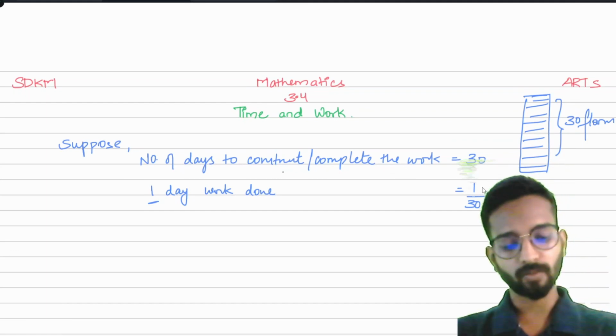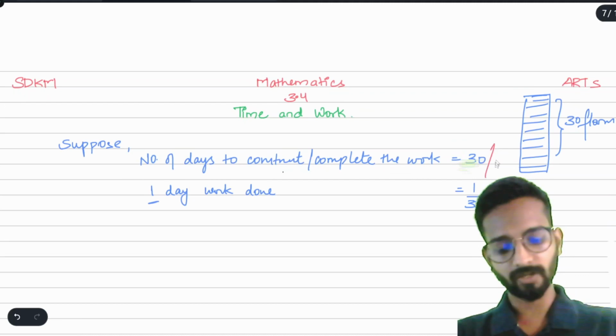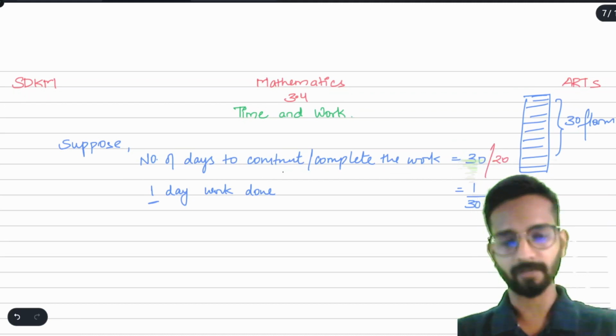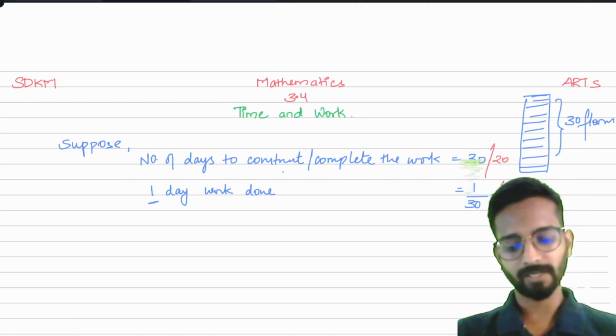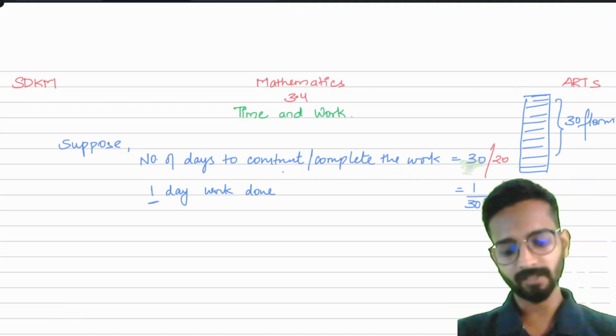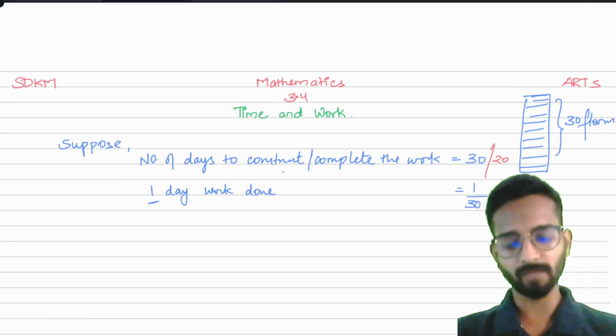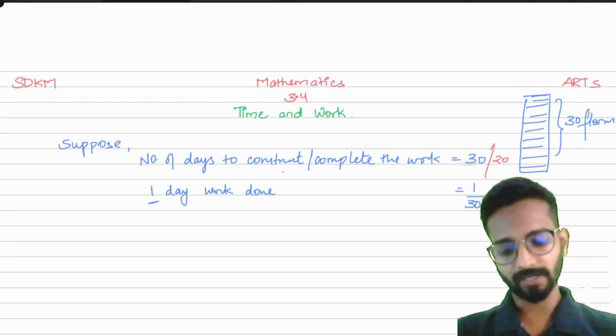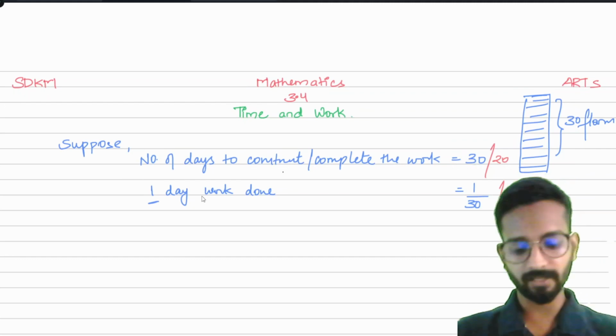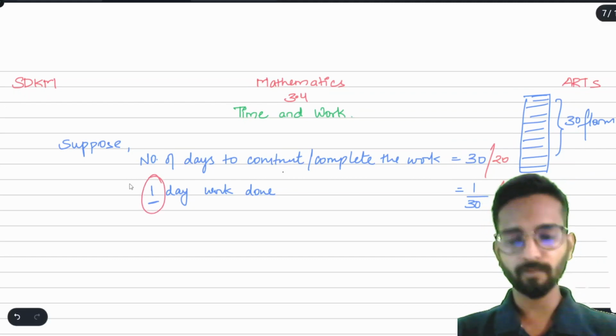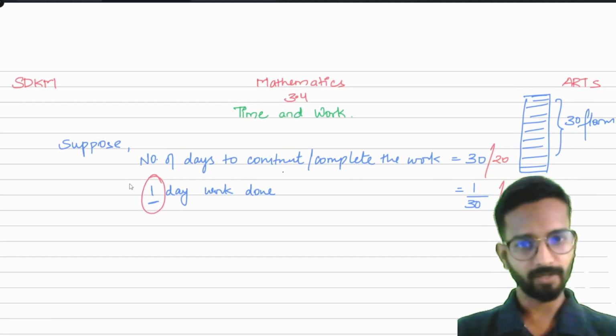How will you calculate? 1 by 30. If suppose the number of days taken were 20, then in one day it will be 1 by 20. Understood? This is a very small topic. It is very easy. This was the main thing we had to know, that whenever the number of days is given, you can find out the work done in one particular day. How will you find? 1 by 30 or 1 by 20.